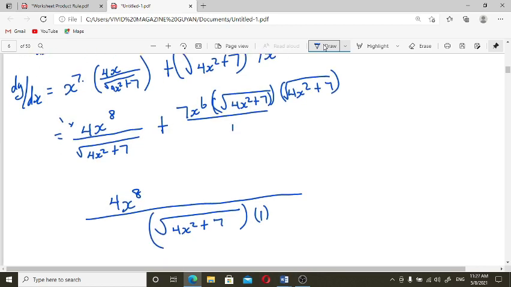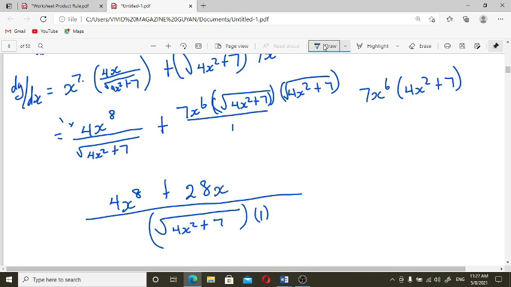Now, remembering your surds, when they're alike and they multiply out, we're just going to have whatever is under the root symbol. So this is going to be 7x to the 6th multiplying 4x squared plus 7. So 7 4s is 28.